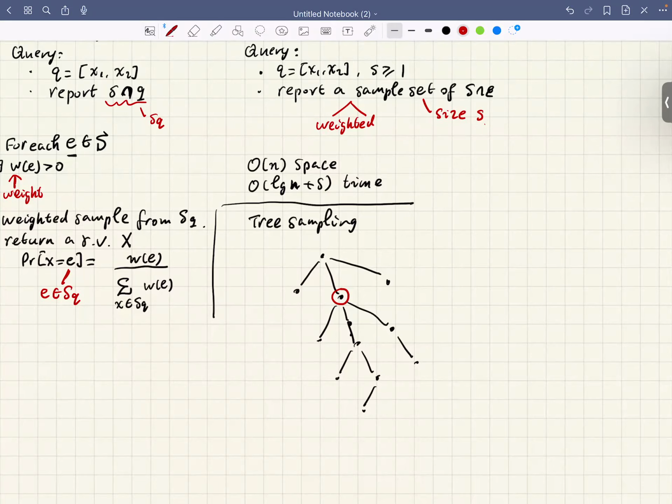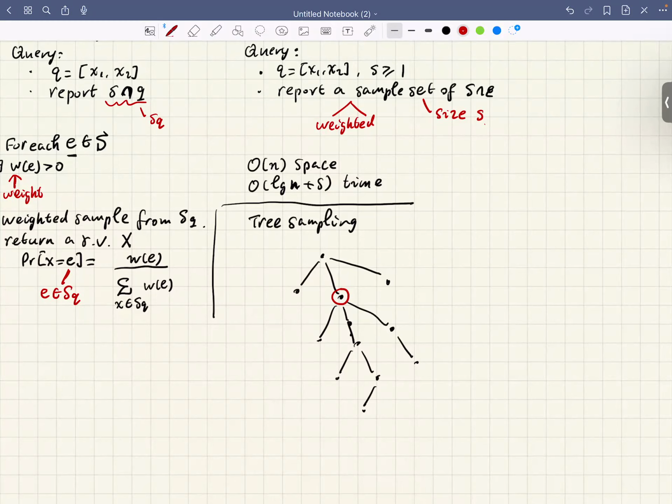Now, before I talk about the technical details, let's first understand why we want to do this. Why is tree sampling occupying so much attention from our seminars? There's one very important reason why people are interested in tree sampling. Last time we talked about a generic reduction that converts many reporting structures to their IQS counterparts. For example, you could convert a B tree to its IQS counterpart.